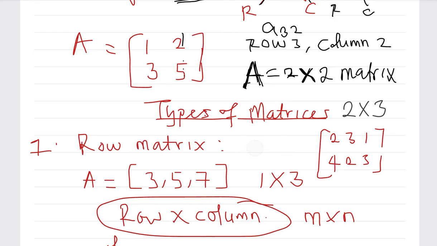A row matrix is a matrix with a single row and several columns. Single row and several columns.